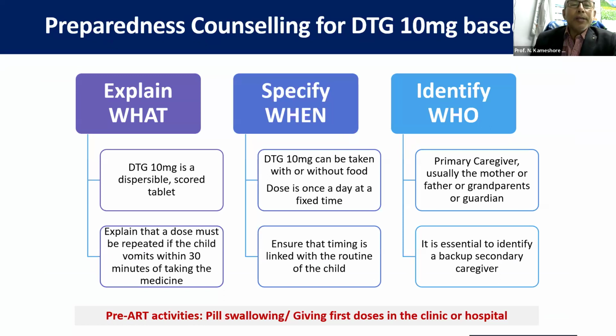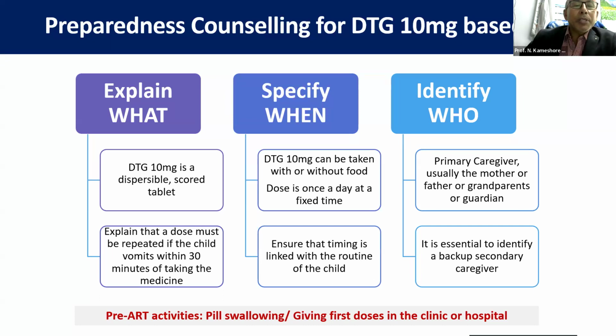Then the very important next step is preparedness counseling for DTG 10 milligram based ART. We have to explain what is to be taken, when it is to be taken, and who is to give the medicine to children.